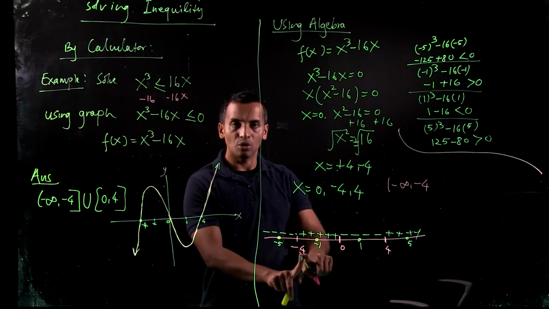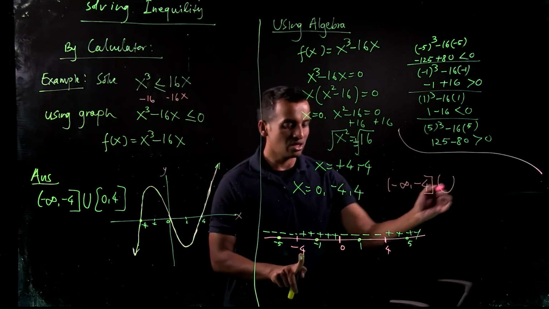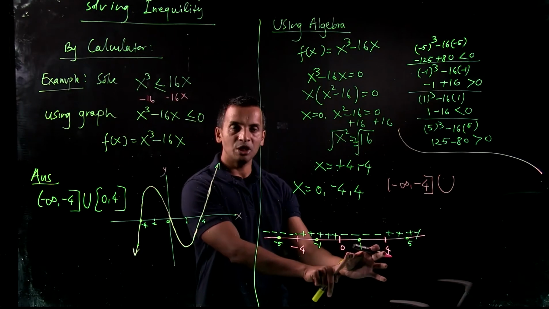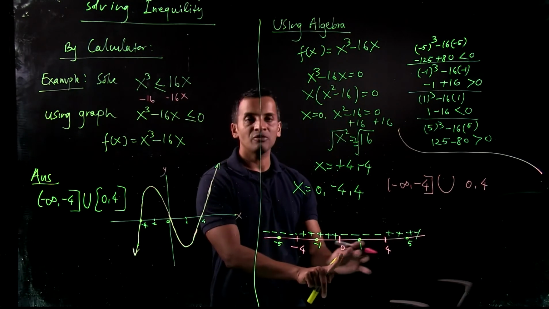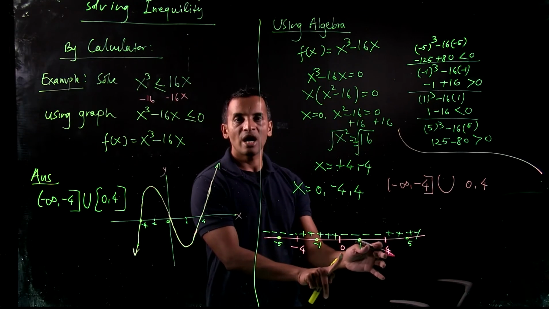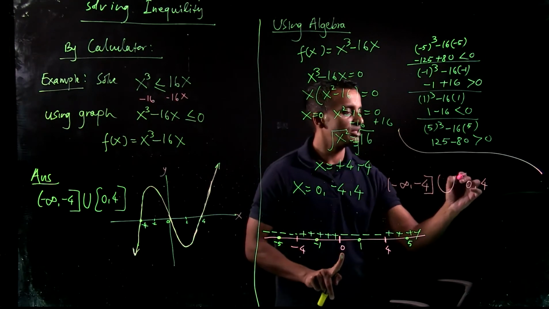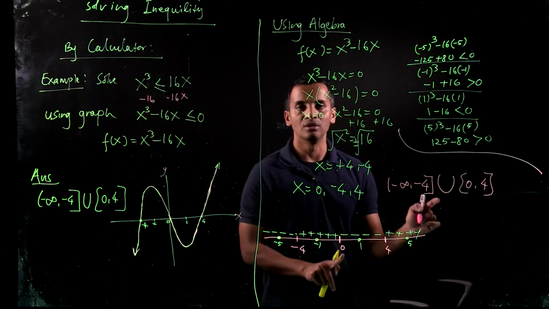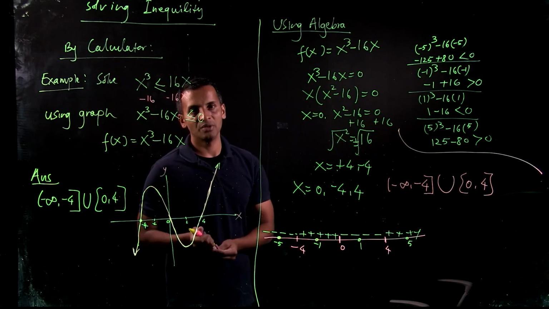At -4 it is 0, so you include that, right? Union the other part where it is negative, between 0 and 4, but at 0 and 4 the f(x), the y value, is 0. You can see that from the graph as well. So you just include those. This is how we solve the inequality, okay?